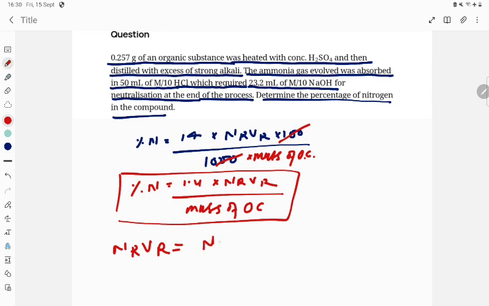NRVR means N acid V acid minus N base V base. Student, what is the acid they have used here? This is the 50 ml of M/10 HCl. So first of all let us write: VA, the acid volume, is 50 ml.